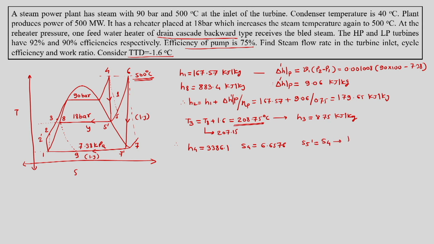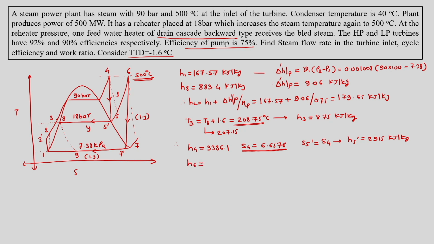So we can get H5 dash, and for that H5 dash we will see at 18 bar what would be the value at which we will get the entropy as S4. So H5 dash for us will be 2915 kilojoule per kg.